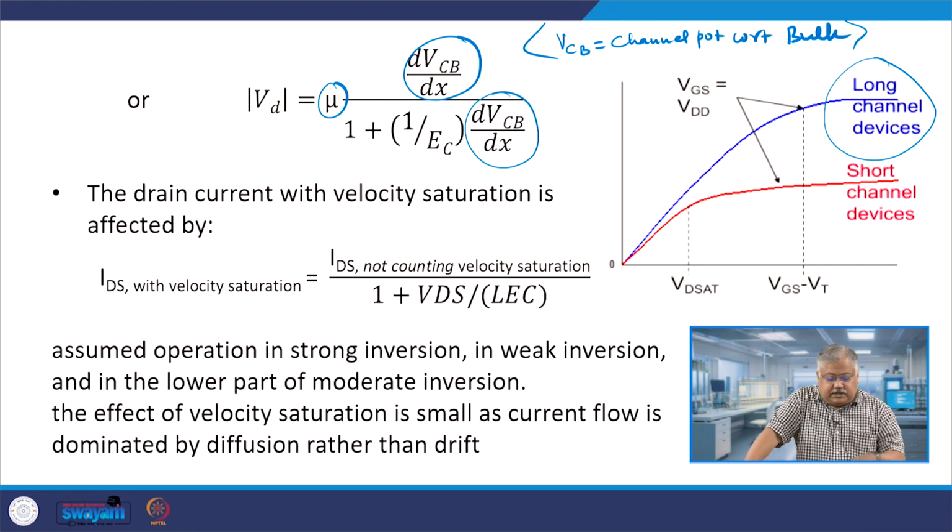So, if you look at this expression, IDS with velocity saturation is given by IDS without velocity saturation divided by 1 plus VDS upon L Ec. L is the effective channel length, and this is the effective scattering voltage which we get here.